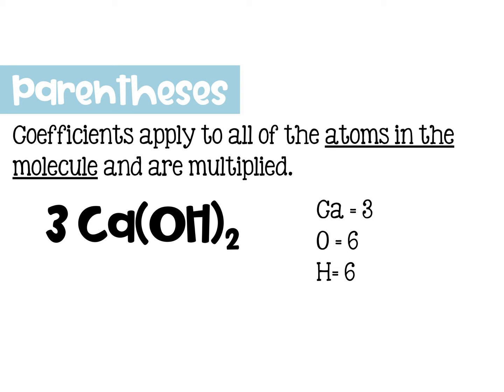So here we have 3 times the 1 calcium to give us a total of 3 calciums. Then we have 1 oxygen times 2 outside is 2 times 3 is 6. Once again, 1 times 2 is 2 times 3 is 6.